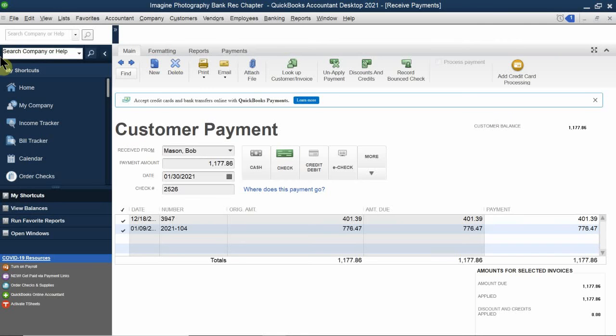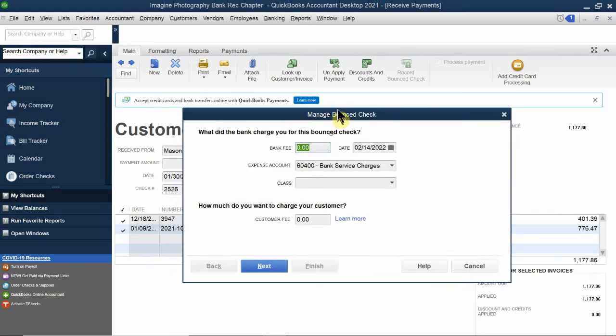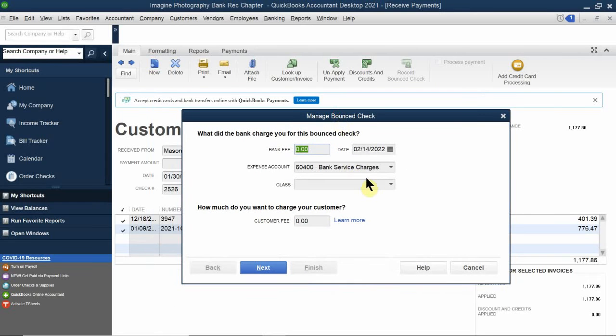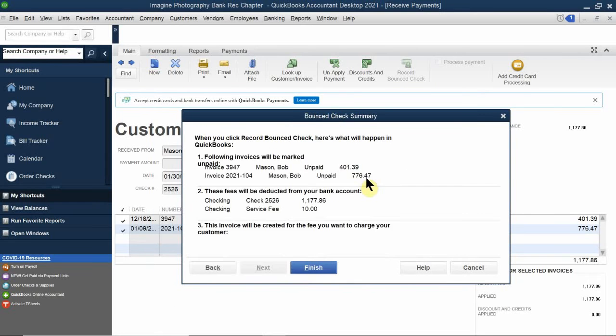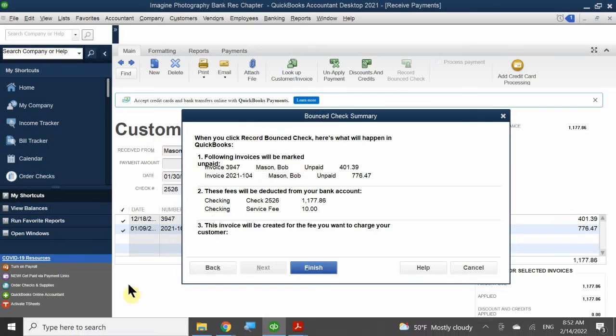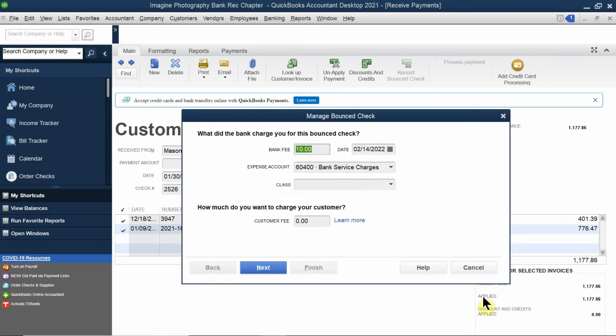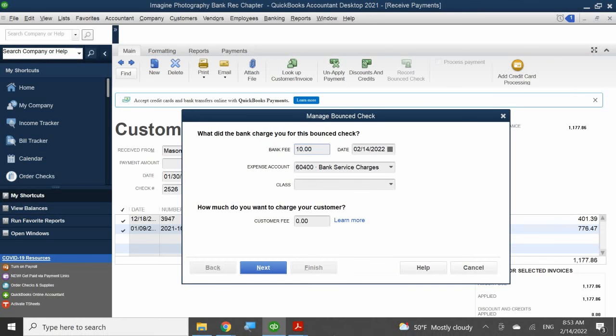Once you get there, we're going to click record bounced check. So again, in this case, okay, hold on. All right, in this case, $10. And when did the bank charge me?